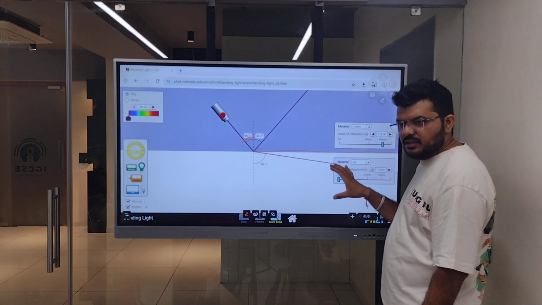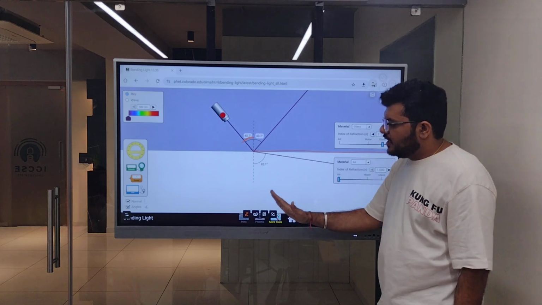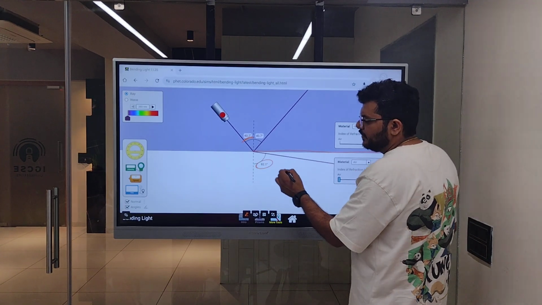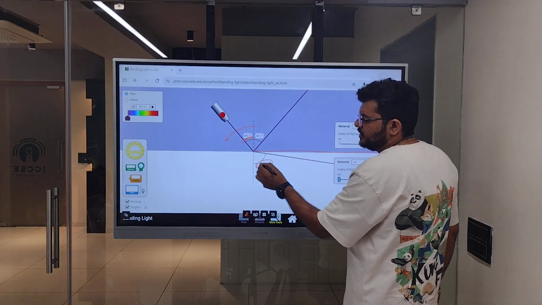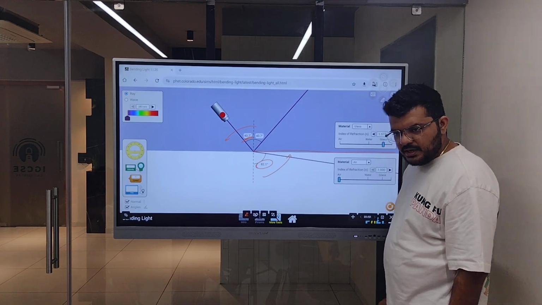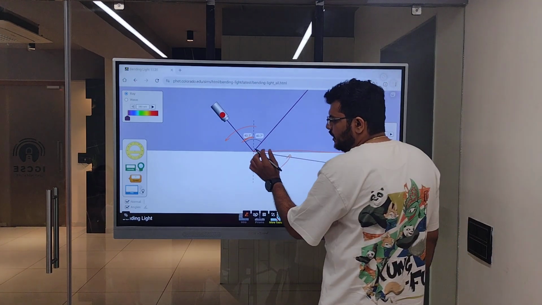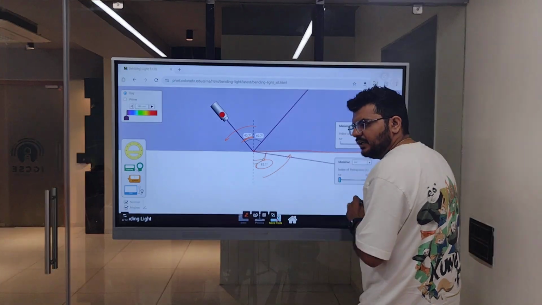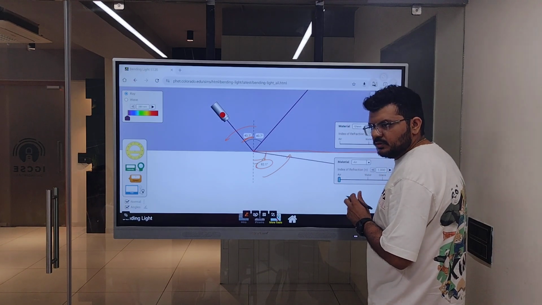If I go on increasing this, will this also go on increasing? Will there be a certain point where this angle is exactly 90?